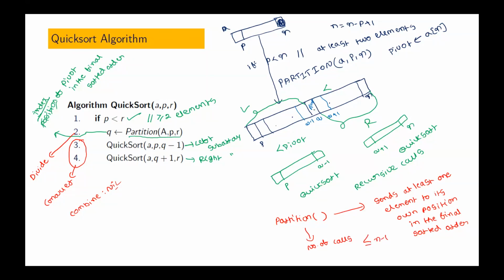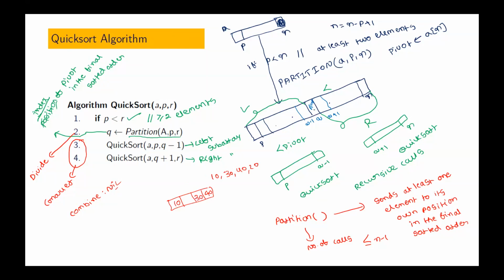Why did I say n minus 1 here? If n minus 1 elements are in their own positions, the remaining one element will be in its own position or not? See, there are 4 elements: 10, 30, 40, 20. 10 is in its own position, 40 is in its own position, 30 is in its own position.